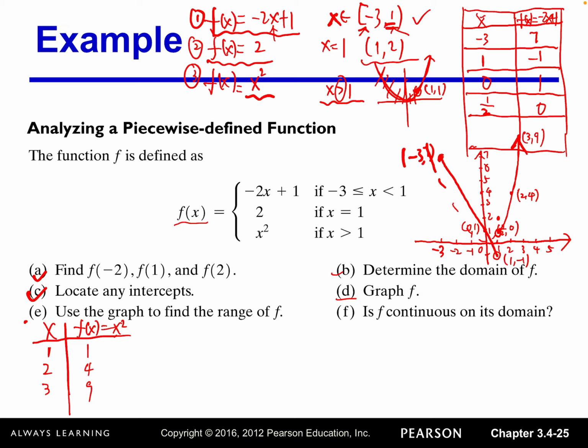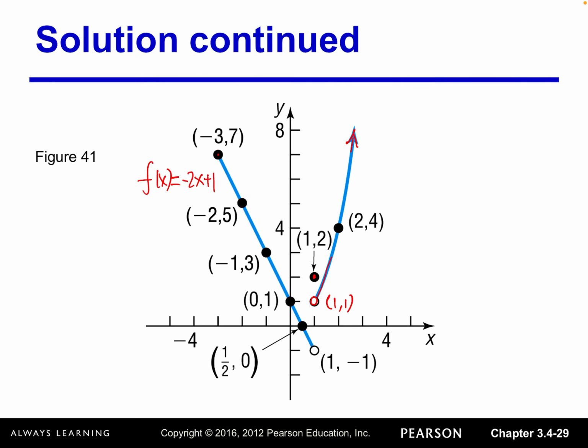The next question asks us to use the graph to find the range of the function f of x. Let's use the better graph to look at it. To find the range, we're trying to collect all the y values on the graph, all the blue color. The lowest point is right here, but it's not included. So we're looking at the y coordinates.